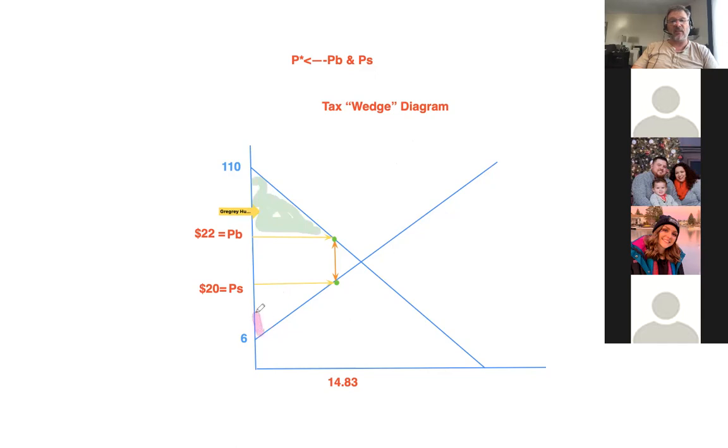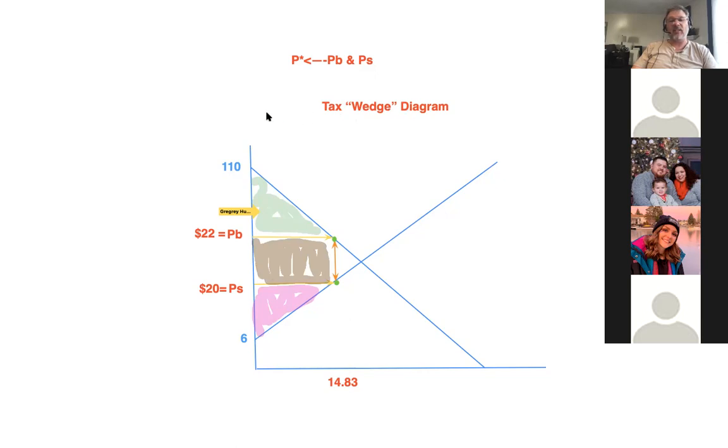This little area down here would be the producer surplus that goes to the seller. And this area in here would be the tax revenue that's generated. So it's this rectangular region. Why is it a rectangle?